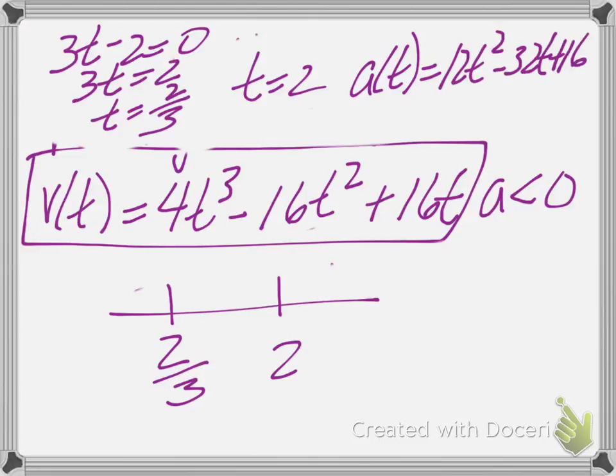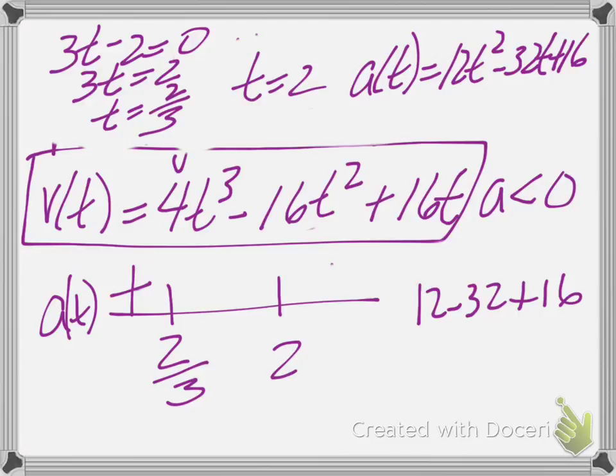Okay, that's acceleration, so we want to test the acceleration. So we're going to take different values. For example, when t is 0, you'll get 16, so that would be positive. T of 1, it will give you 12 minus 32 plus 16, so that's going to be negative. And then if you do like t of 3, you're going to end up getting a positive.